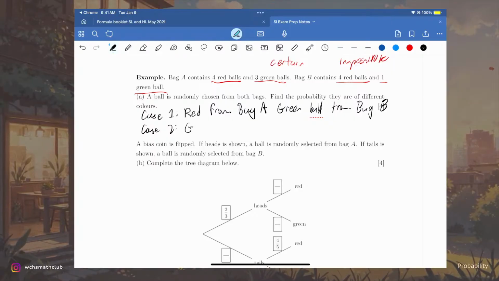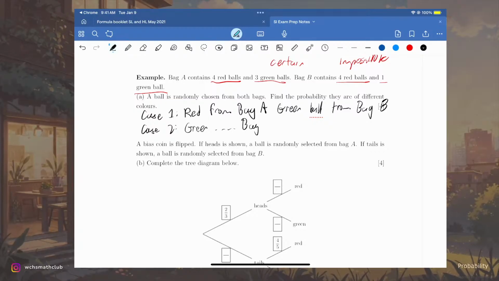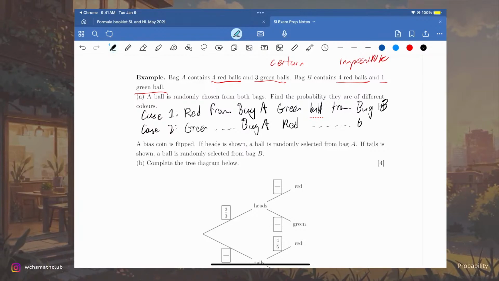So that would be a green from bag A, sorry, and then a red from bag B.